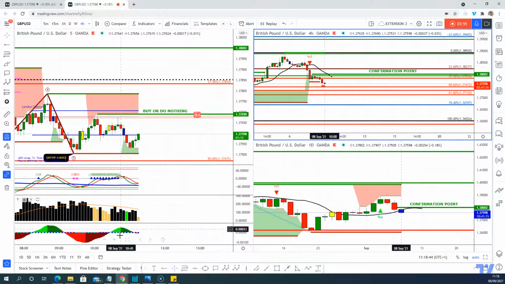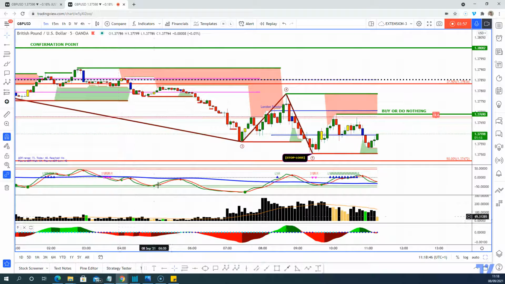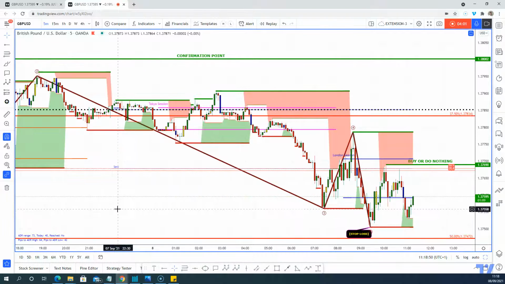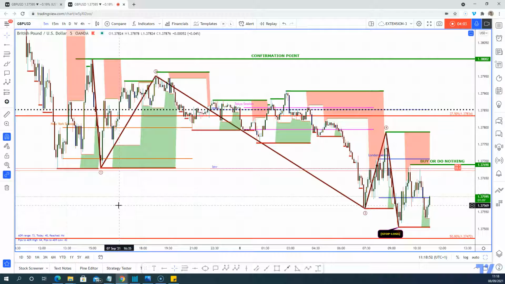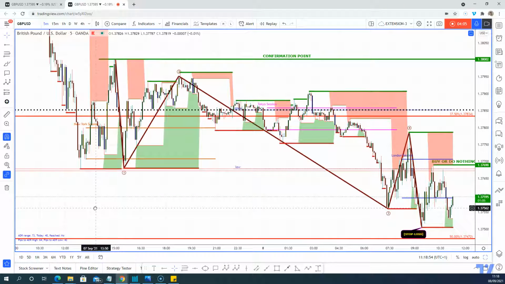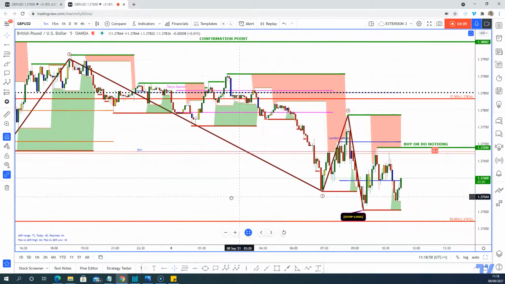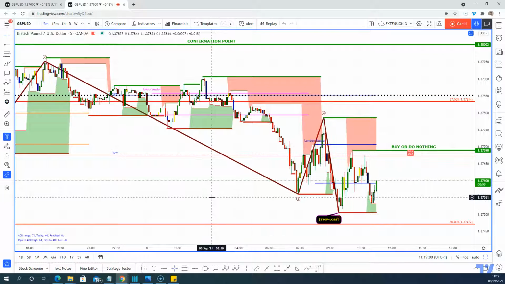Going to the 5 minutes chart, I like to use 5 minutes. This is for people that know how to trade price behavior. This is a bread and butter setup called the market structure reverse.